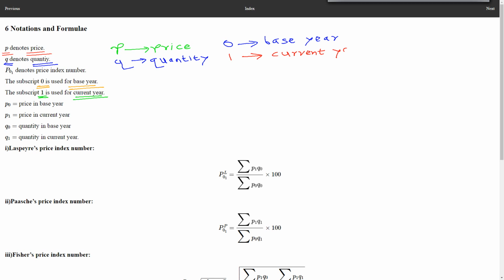So with these notations, we are now in a position to understand the meaning of different notations.